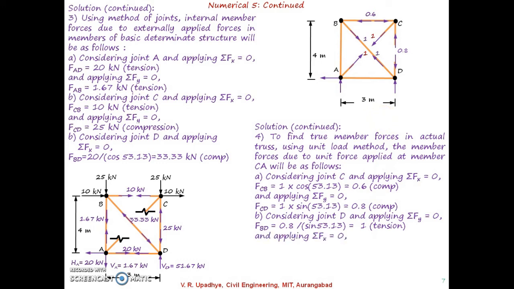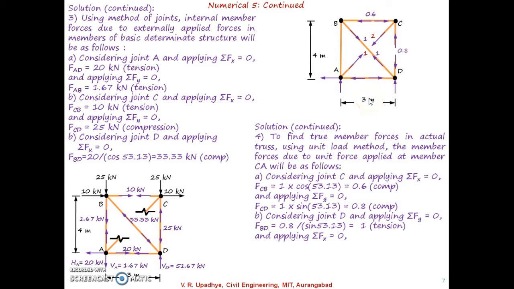So now if we go further by applying summation Fx equal to 0 again at joint D itself, we will have the horizontal component of the member force in member BD. So that will be FBD cos 53.13, or 1 cos 53.13, and FAD will be as it is.